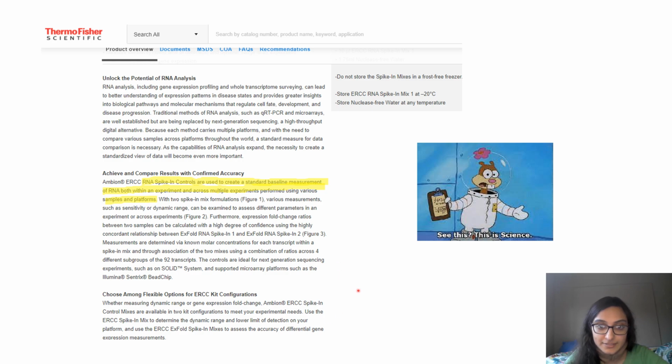So it's about controls and flexible options. It's all about improving the results you're getting, making sure they're truly meaningful, such that when you do differential gene expression analysis, comparing sick SpongeBob with healthy SpongeBob, you see which genes are differentially expressed. That's what this is all about.